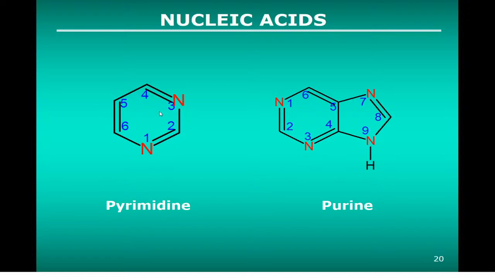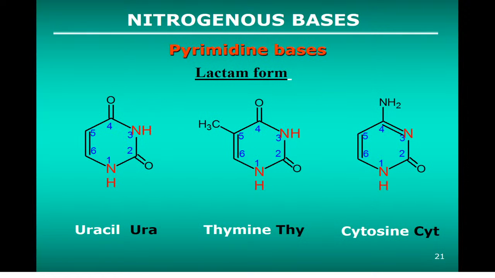How to number these rings, I just explained a few minutes above, and that's why where the functional groups and substituents are present, we can indicate with an exact locant. So there are three pyrimidine nitrogenous bases. They consist of an OH group bonded to the benzene ring. No, here not a benzene ring, they are heterocyclic aromatic rings.